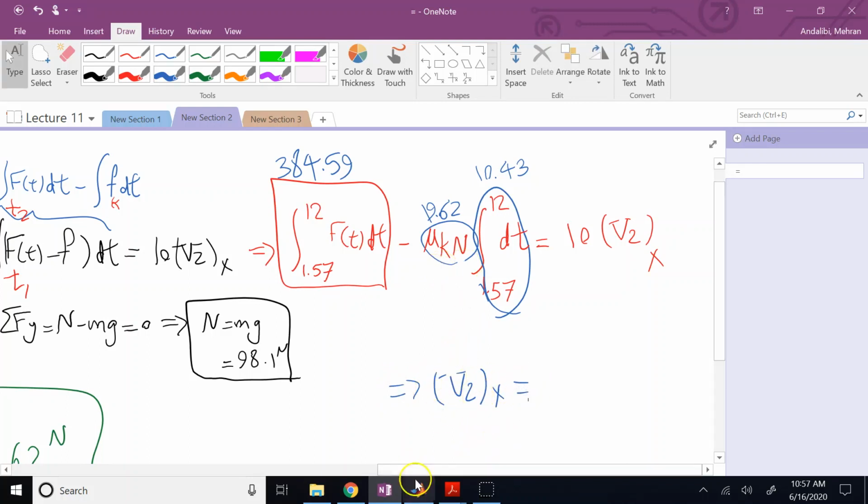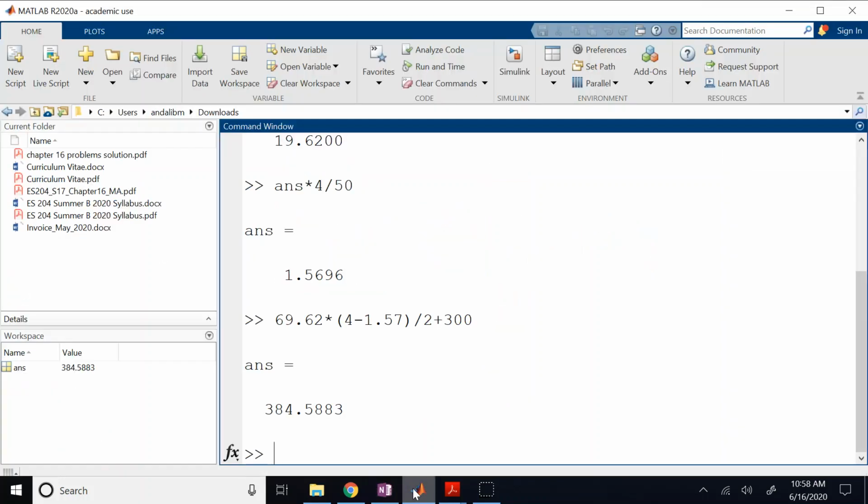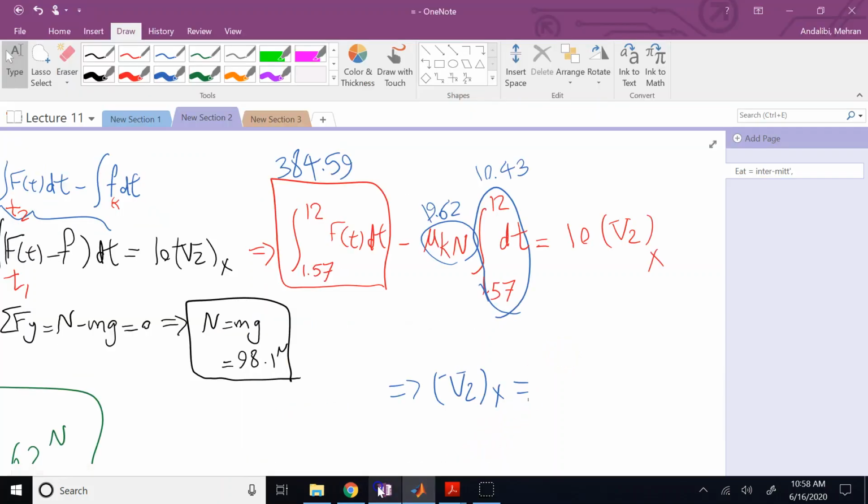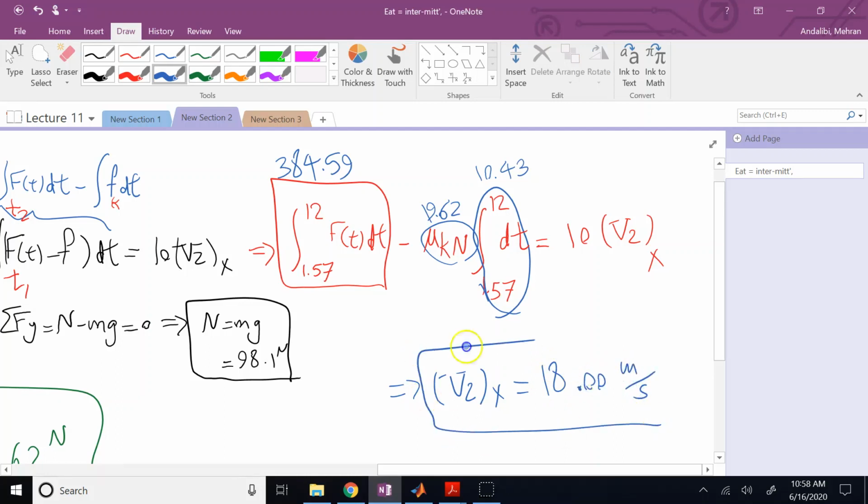So that's 384.59 minus 19.62 times 10.43, the whole thing divided by 10, which is 17.99. If you want to round it, you're going to get 18 almost. So you end up with 18 meters per second.